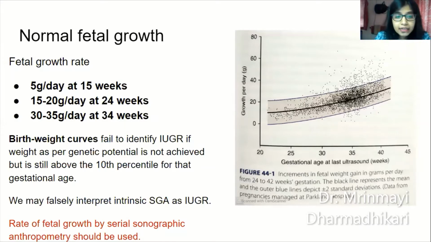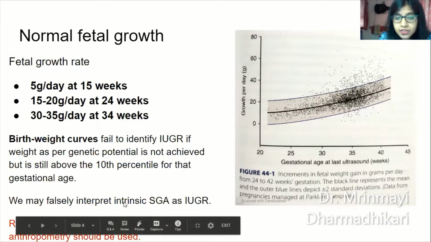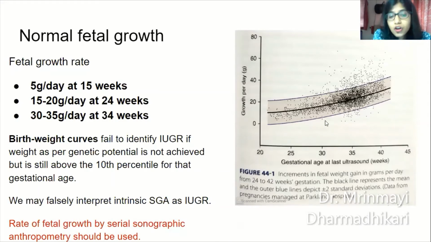Secondly, using the birth weight curves, that is the absolute fetal weight, we may falsely misinterpret intrinsic small for gestational age babies, that is constitutionally small babies, as growth restricted babies. So how do you avoid this? Use of rate of fetal growth by serial sonographic anthropometry should be used instead.